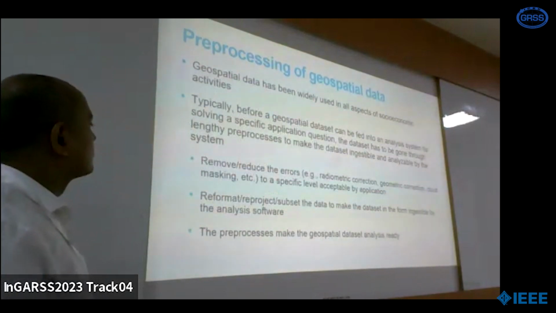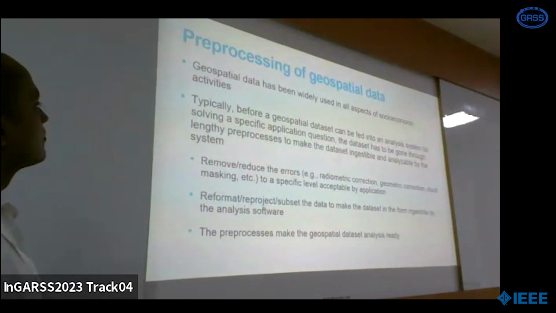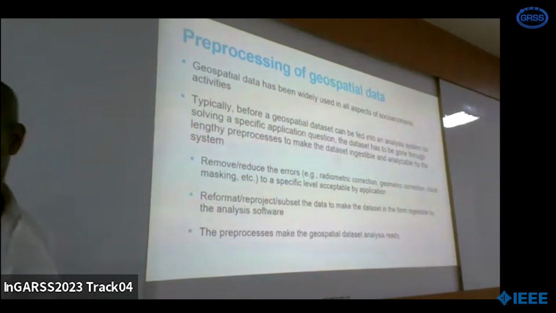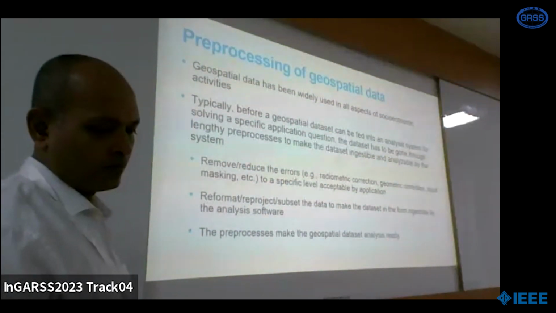Geospatial data has been widely used in all aspects of socio-economic activities, from urban planning to agriculture, resource management, environment monitoring, disaster mitigation, and climate change. So it's a very useful data.